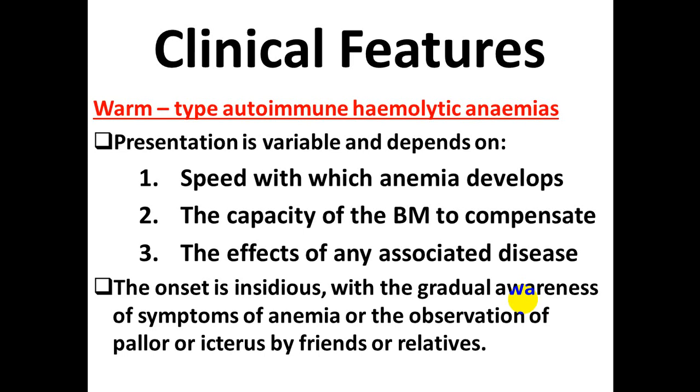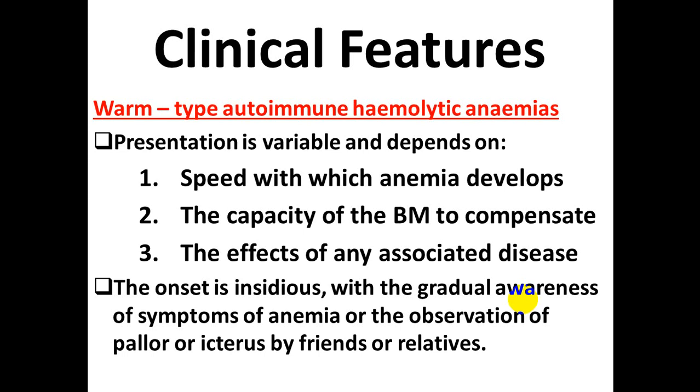In warm type autoimmune hemolytic anemia, the presentation is variable and depends on the speed with which anemia develops and the capacity of the bone marrow to compensate. We said that after destruction there is bone marrow compensation, and if the destruction exceeds the compensatory mechanism, anemia will appear. It also depends on the effects of any associated disease.